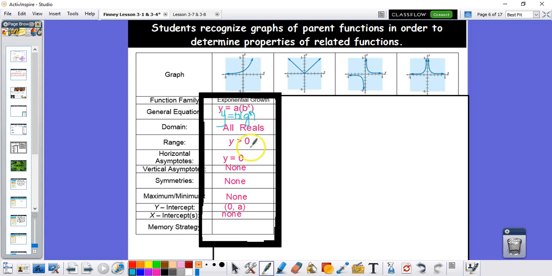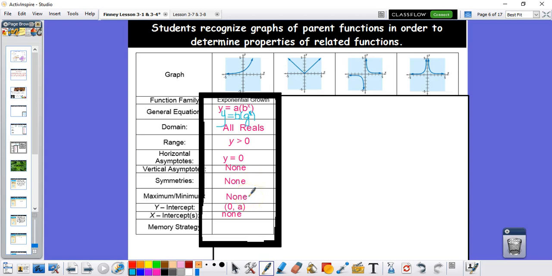The domain is all real numbers. Our range is greater than 0 because there's nothing you can plug in for x that would give y to be 0 when it's a power, because anything to the 0 exponent is 1, so that would just be 1 times b. We do have a horizontal asymptote because it can't be 0. There's no vertical asymptote. It's not symmetric to anything.